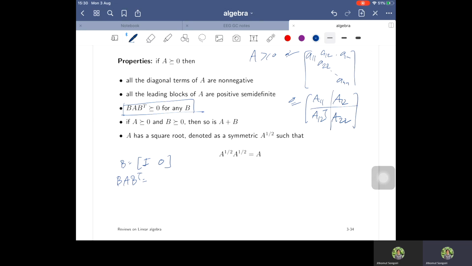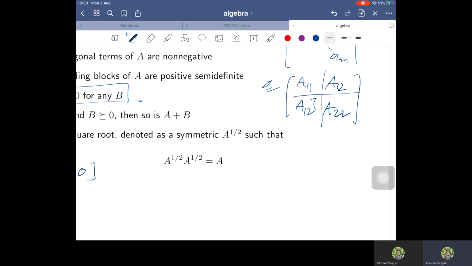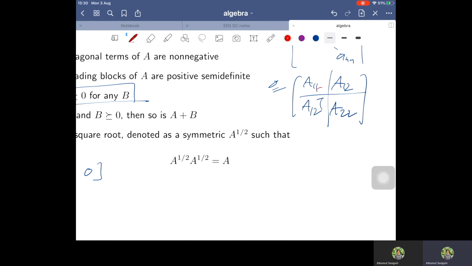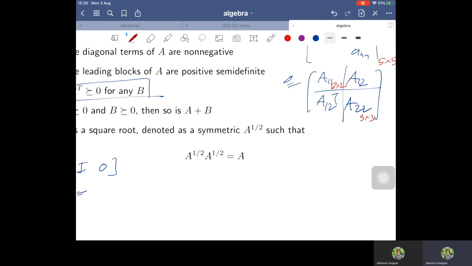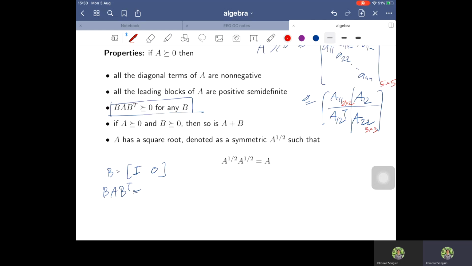I hope everyone understands the block matrix partition. A11 and A22 are square blocks. So for example, if A11 is 2 by 2 and A22 is 3 by 3, the whole of A is 5 by 5. The matrix I here is of size 2 by 2, for example.